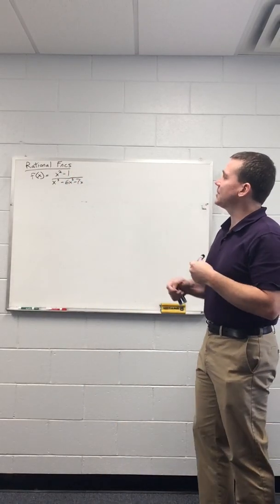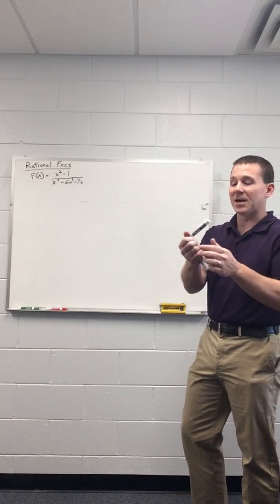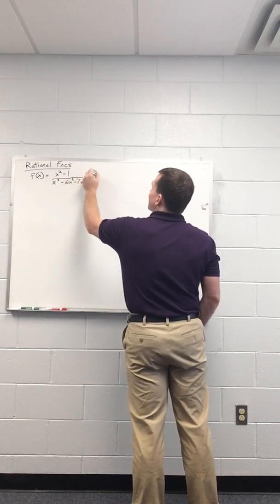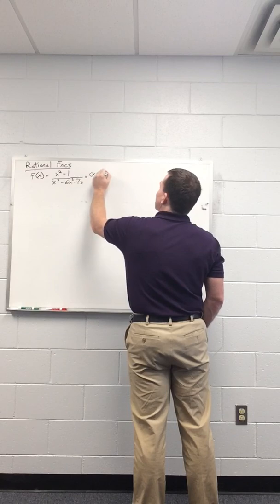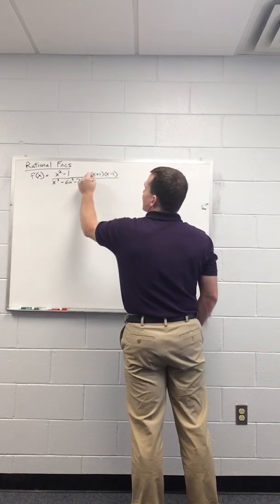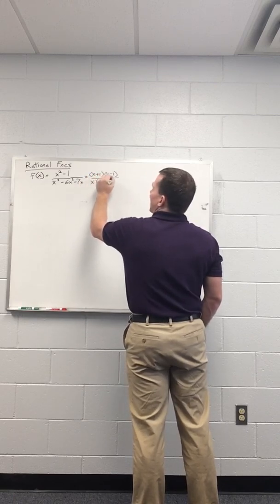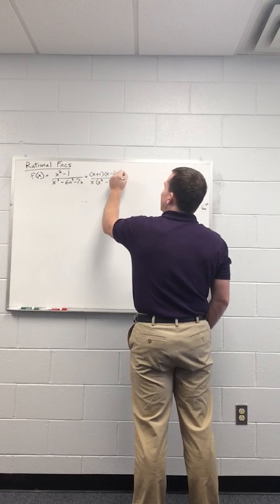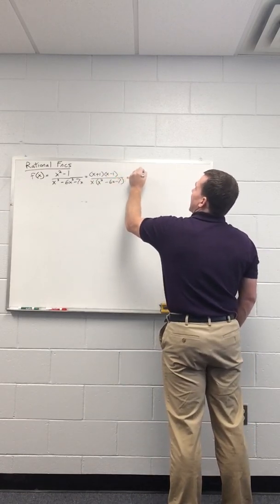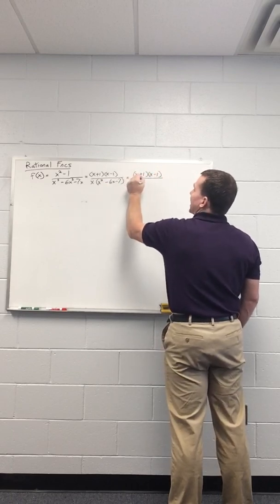Okay, as far as it goes, first thing we do when dealing with these is factor them out as much as we possibly can. So in this case, the top is just a difference of squares, so that's x plus 1, x minus 1. On the bottom, there's a common x, so I can factor that out, and then I'll be left with x squared minus 6x minus 7, and then I can factor this quadratic, and I get x plus 1, x minus 1, all over x.